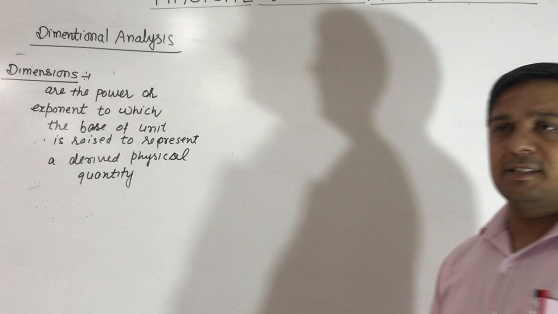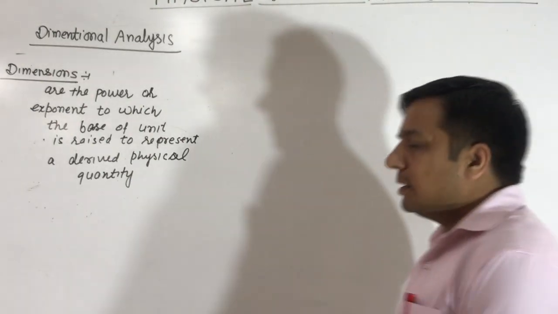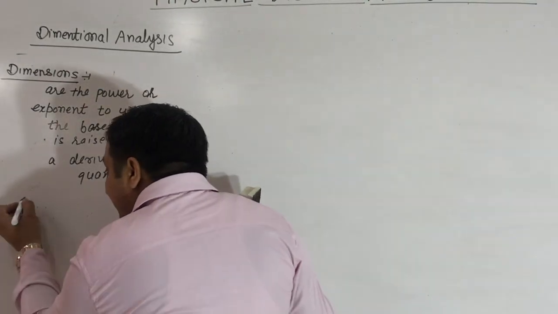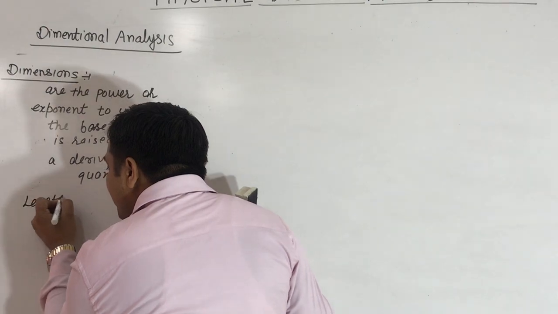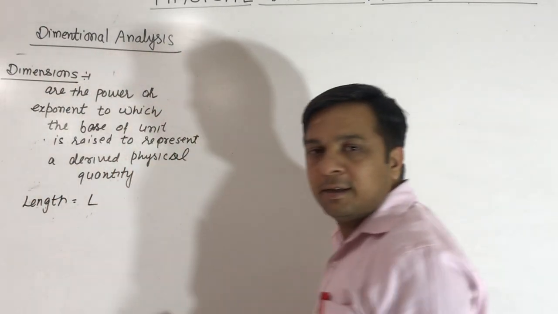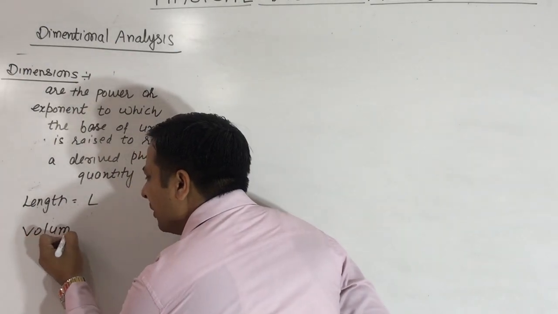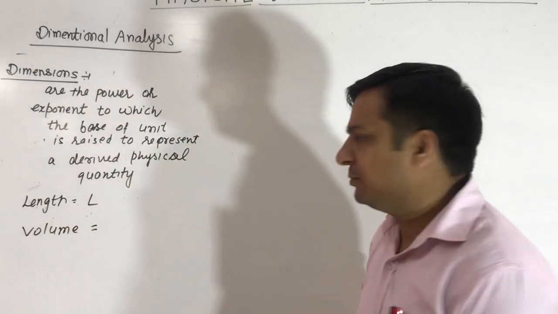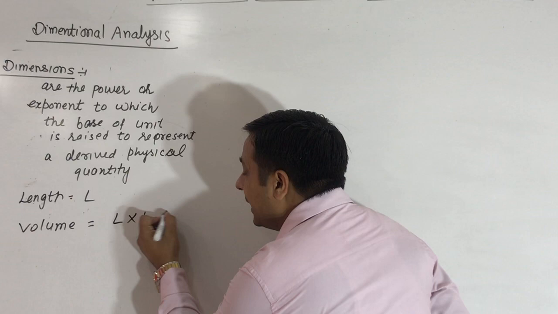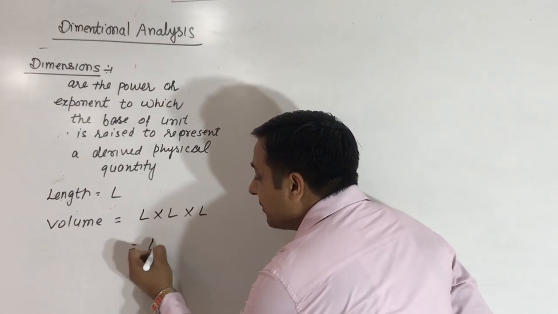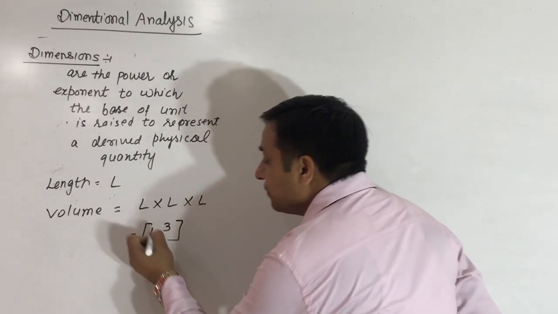As you know, the dimension of length is L. Now I talk about volume. Do you know the formula for volume? That is length into length into length, which equals L cube.